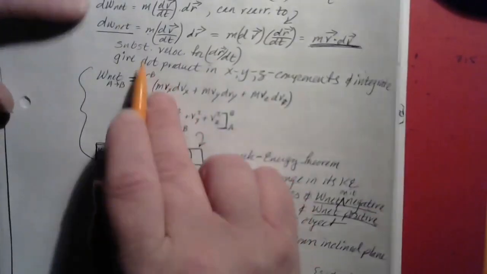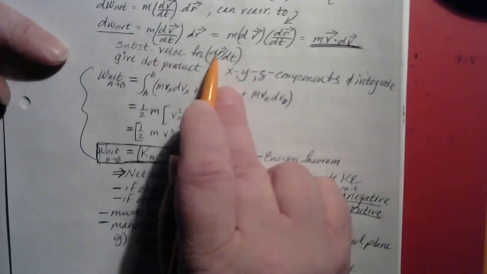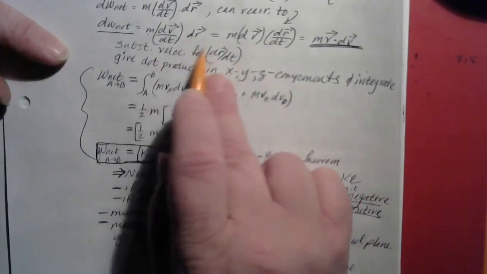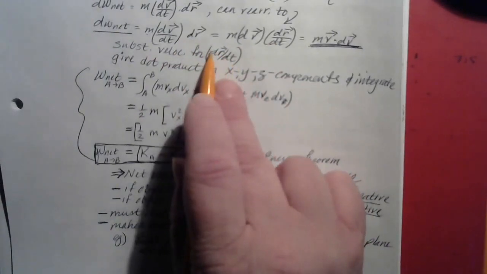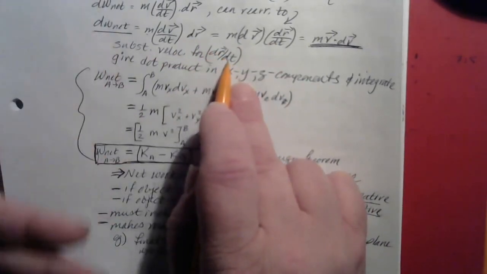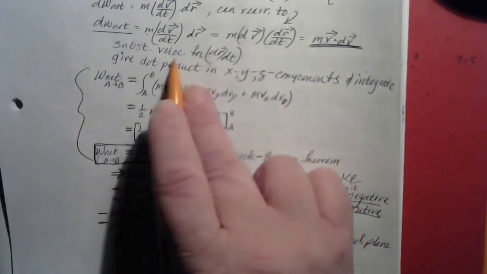Basically what you did here is you substituted velocity for dr dt, because dr dt is change in displacement with respect to time, and that's what velocity is.